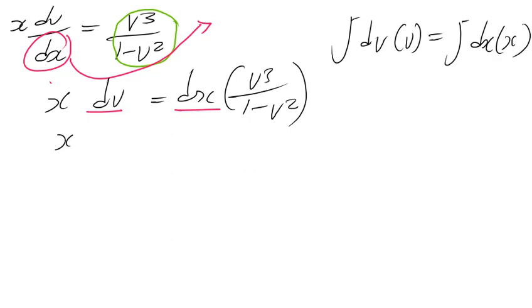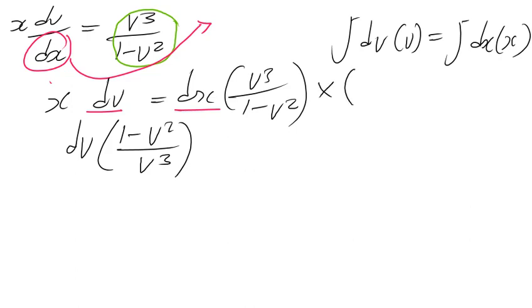So we take the x to the other side, then we say dv times 1 minus v squared divided by v cubed. When you multiply both sides by the reciprocal of this, to cancel, you'll have this. Then you'll say equals dx divided by x.